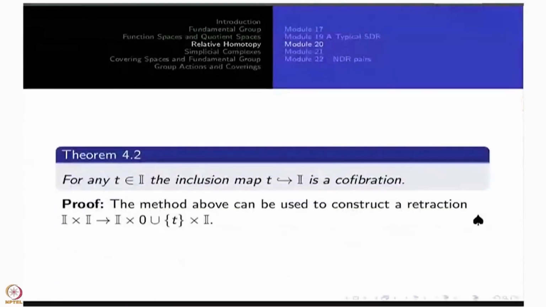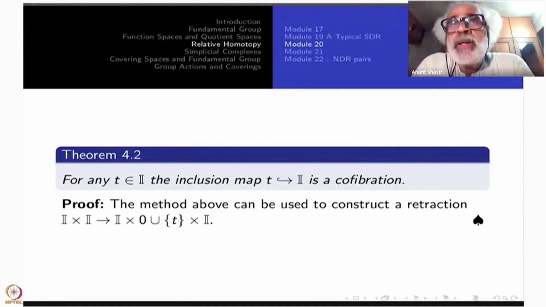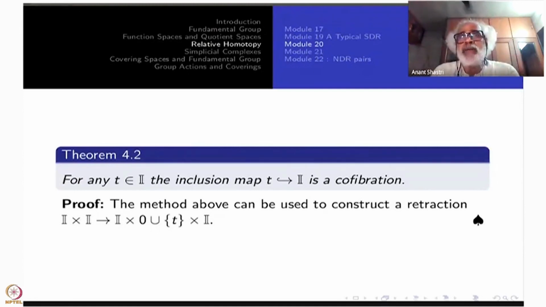In particular, we have seen that 1 is the bottom of the cone over 1 in the interval 0, 1. The singleton 1 inclusion into the interval is a cofibration.